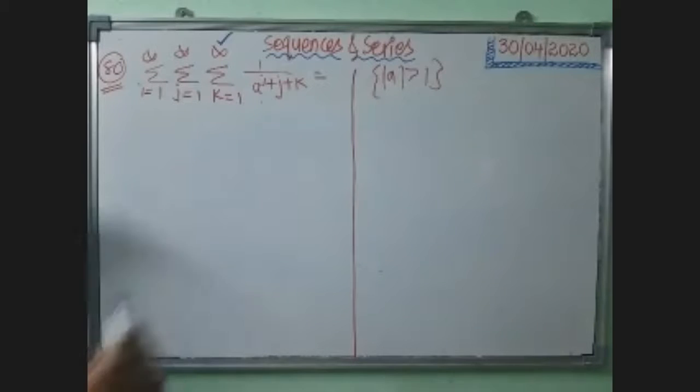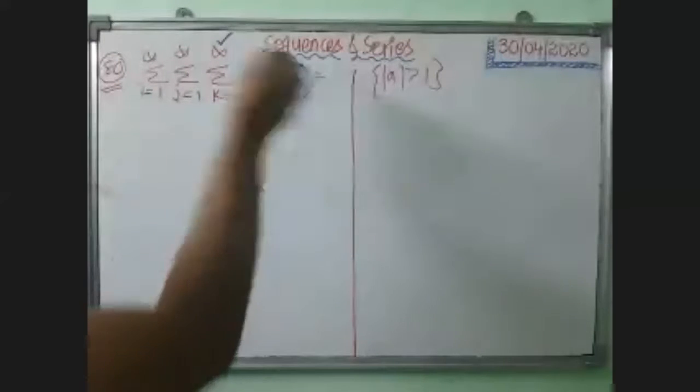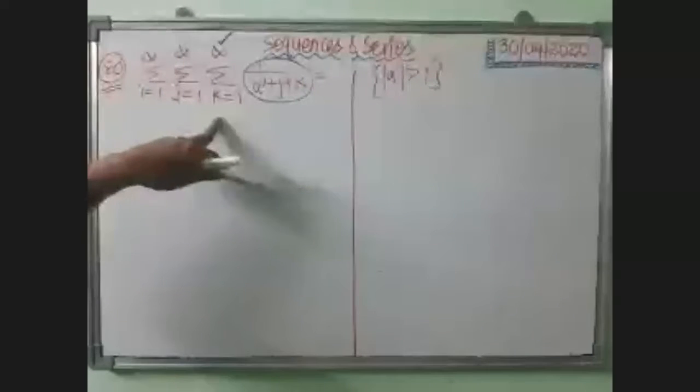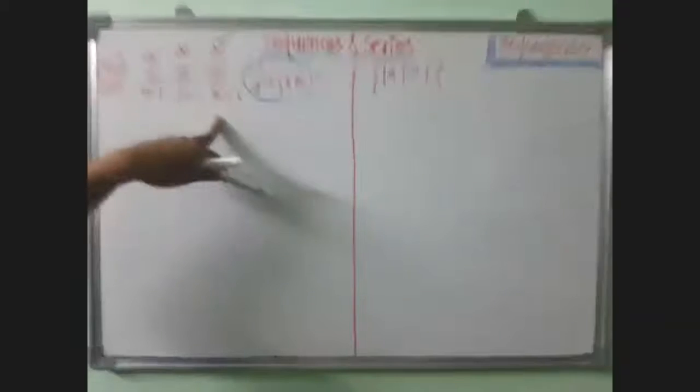That means from this question, that is 1 by a power of i plus j plus k, you have to solve only k, because the rightmost summation is for k.